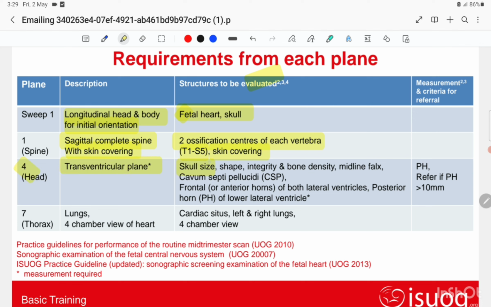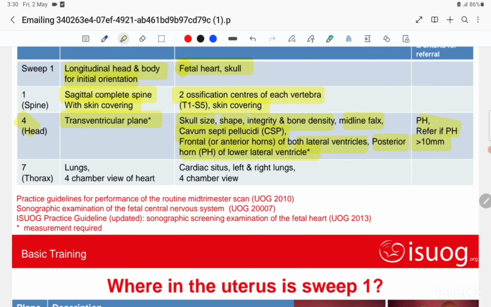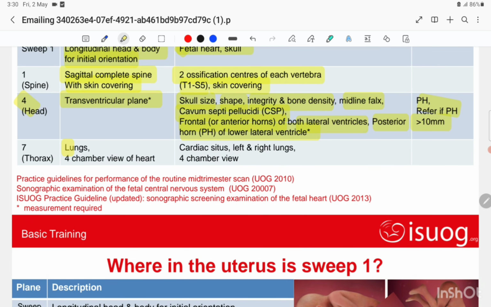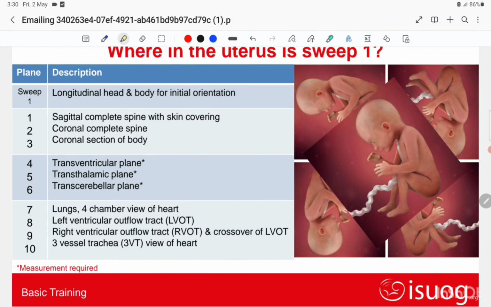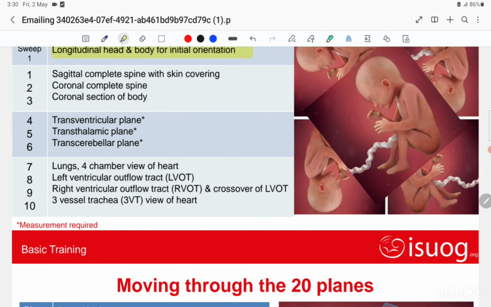You have to see the skull size, integrity of bone, density, midline falx, cavum septum pellucidum, frontal anterior horns of both lateral ventricles, posterior horn and lower lateral ventricles. If the posterior horn is more than 10 mm, that is ventriculomegaly. In the thorax, the long 4 chamber view, you look for cardiac situs inversus, left and right. In sweep 1, you also check the longitudinal head orientation and presentation of the fetus.